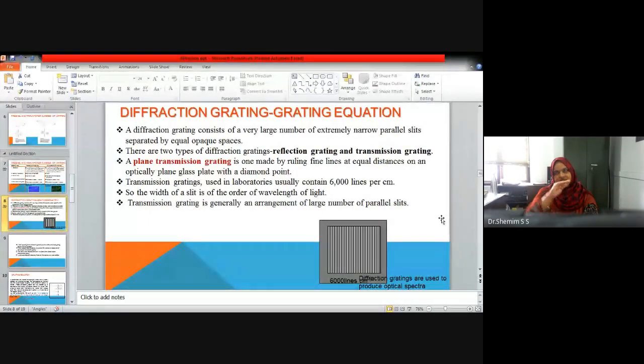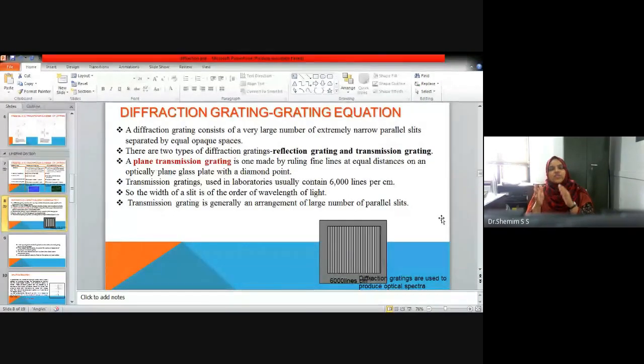A gelatin film with fine lines kept in between two silver films forms a reflection grating. It forms a reflection grating because silver is a reflecting surface, and when light is incident on it, all the opaque surfaces will be opaque itself, but when light is incident on the silver film, all the parallel slits will be reflecting. So such a grating is known as a reflection grating.